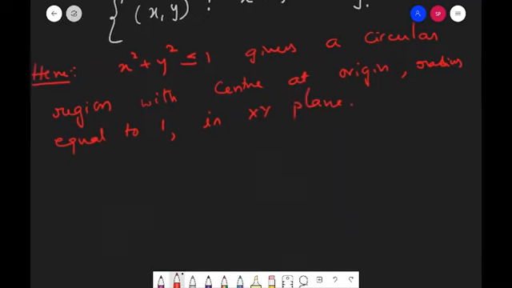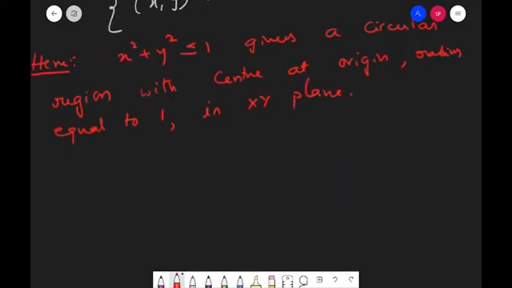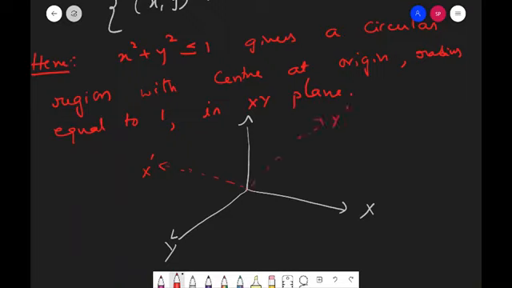So let us see what it is. If I take three-dimensional space, where do I have the xy plane? This is the negative x-axis, and this is the negative y-axis. So what is x square plus y square less than or equal to 1? Here x square plus y square equal to 1 is a circle.